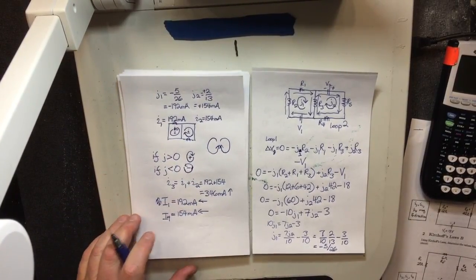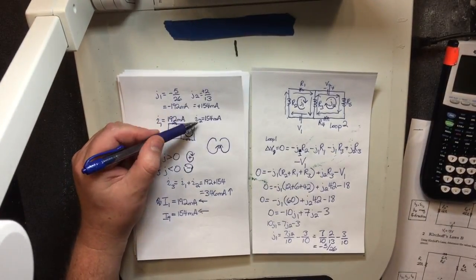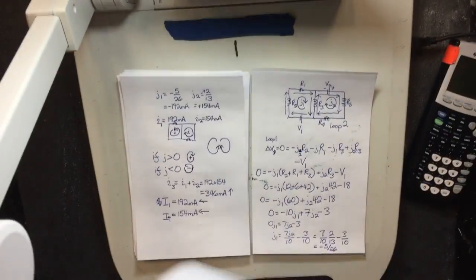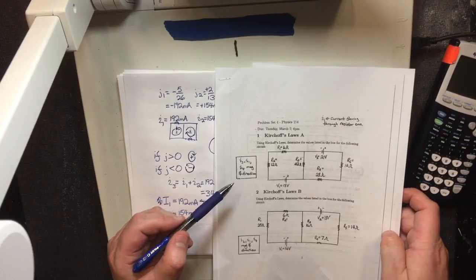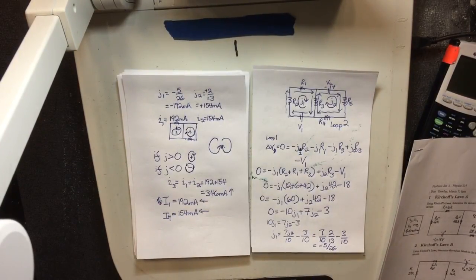That's supposed to be I2. I2 is the magnitude of J2. I4, which was specifically asked in the problem, is the current running through R4. So if you were to ask for the resistor strength at one of those currents, would you just use Ohm's law?